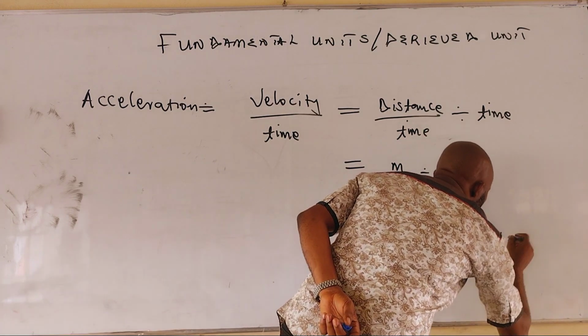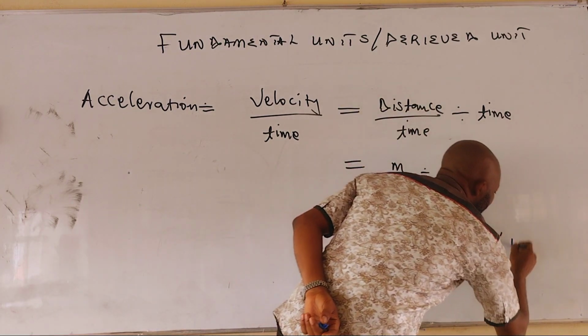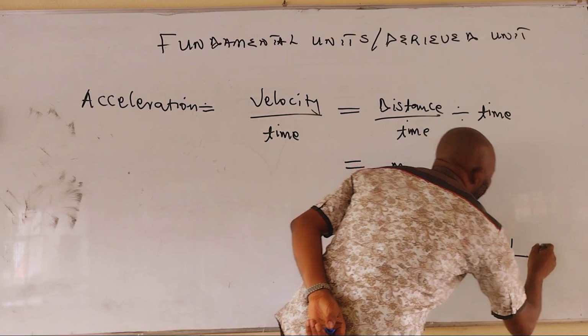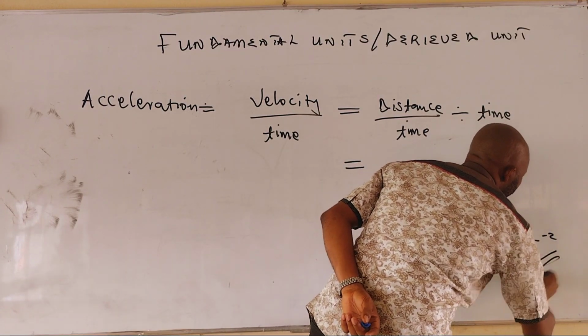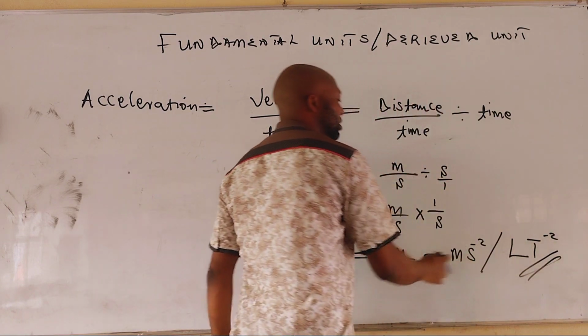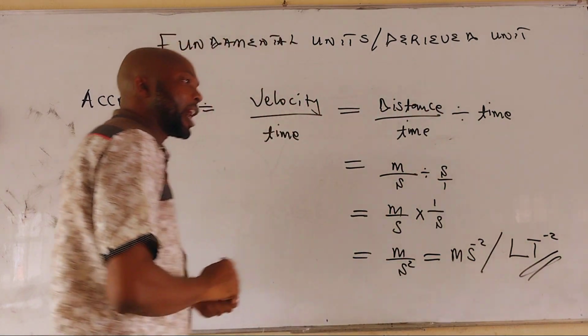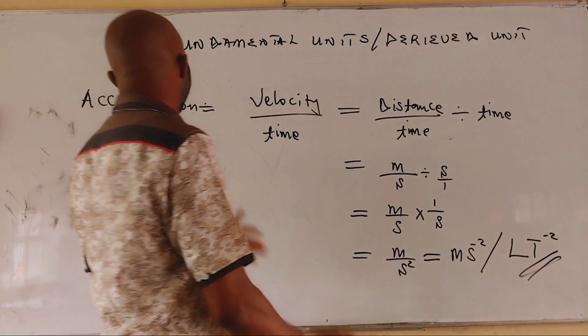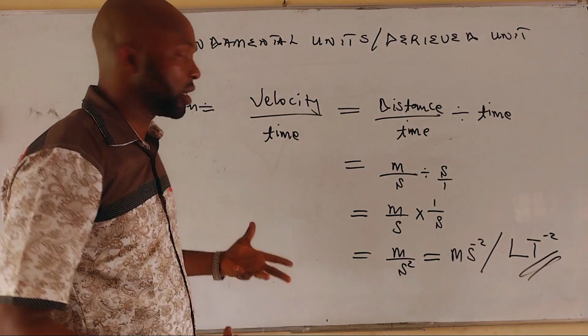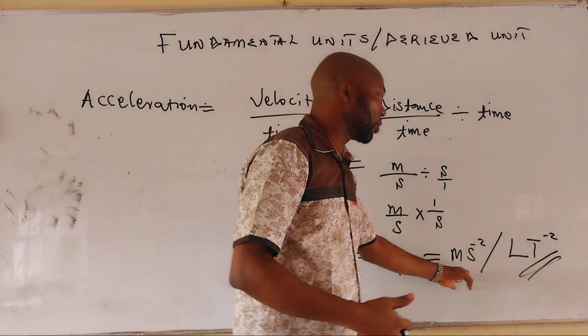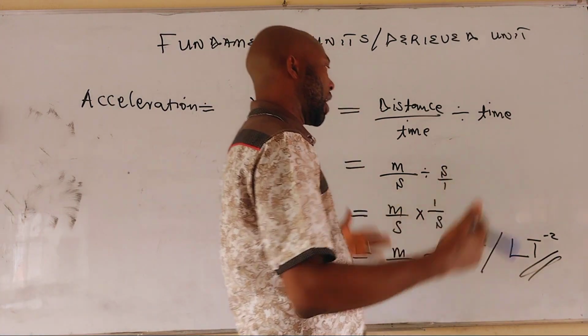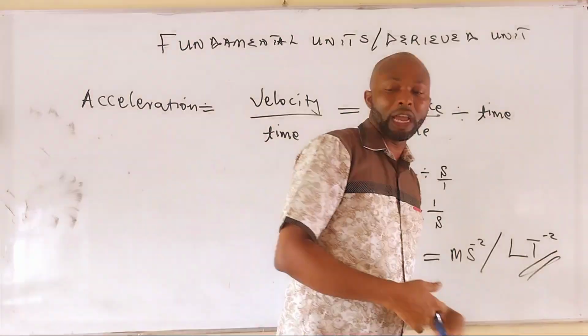And the dimension: this is for meter, which is length, this is time, which is T, and minus 2. So this becomes the dimension, and this becomes the derived unit. When they ask what is the unit for acceleration, you should derive it to show us the unit. This is what you must do, and this is the dimension therein.